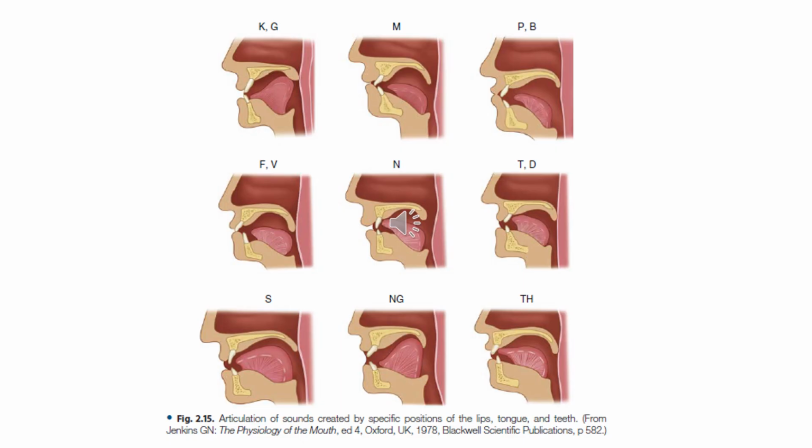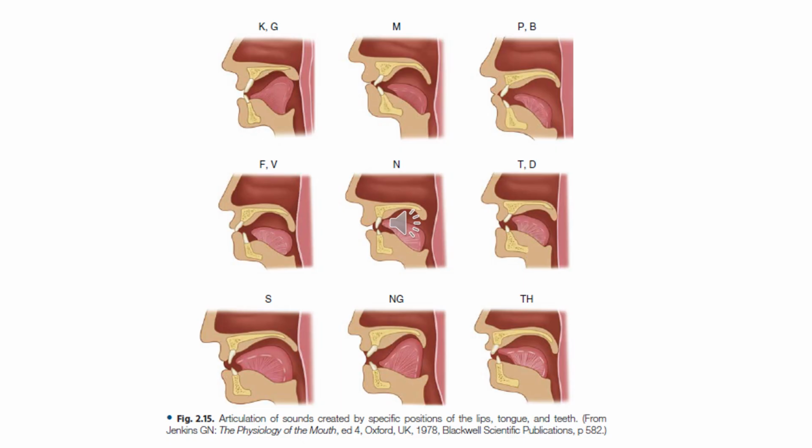Okay, so it's very important to know that the M, P, and B sounds are created by the lips. The lips come in contact, and then these letters are pronounced. If you see the S sound, if you try to pronounce it, you will feel that the lower incisors come very close to the upper incisors, but they don't touch.